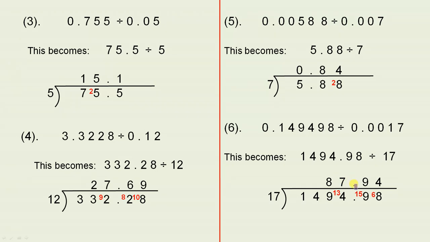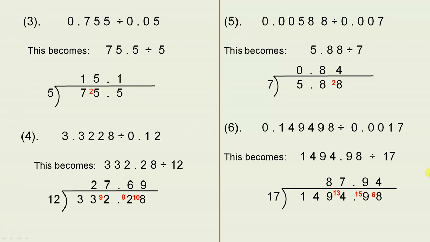Put down the decimal point, 15 left over. 17 into 159 goes 9 times and 6 left over. And 17 into 68 goes 4. So the answer is 87.94.